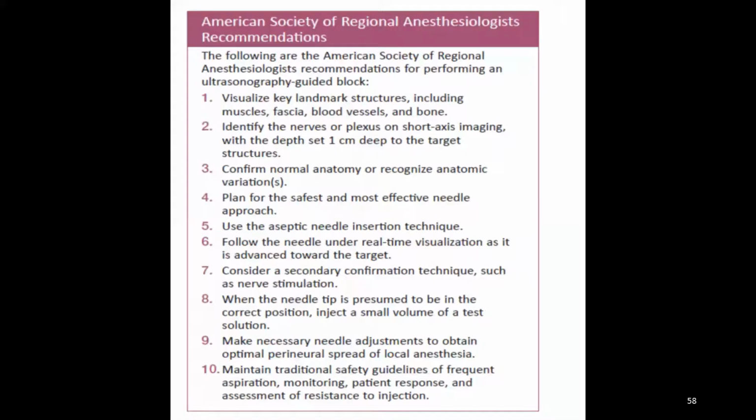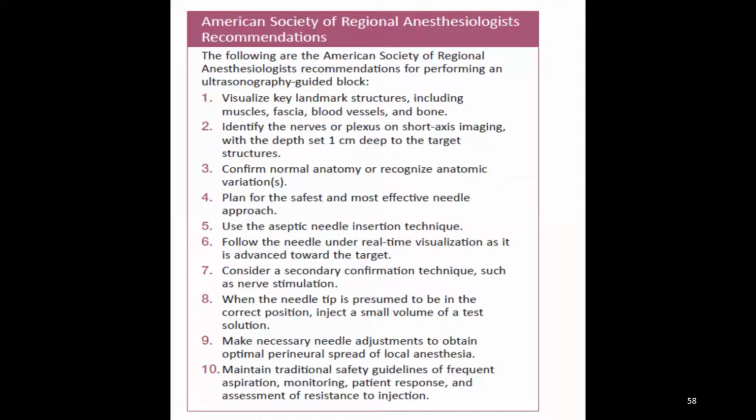The American Society of Regional Anesthesia gave us a few recommendations. The first is we should always visualize the key landmark structures, which include the muscle fascia, bone structures, and the blood vessels. And then we have to identify the nerve plexus in short axis, and set the depth 1 centimeter below the target structure.